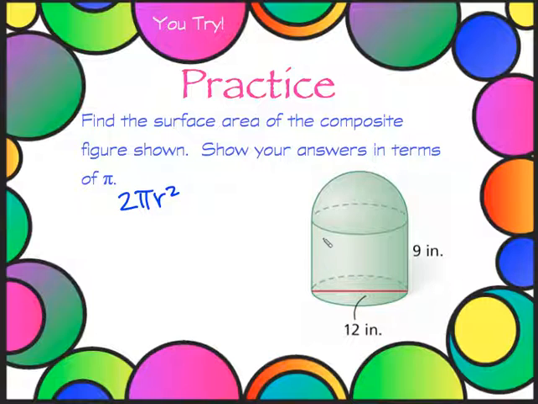And then I would do lateral surface area of the cylinder. I'm trying to remember what it has on your formula chart. I'm pretty sure that's the one where it does it for you.